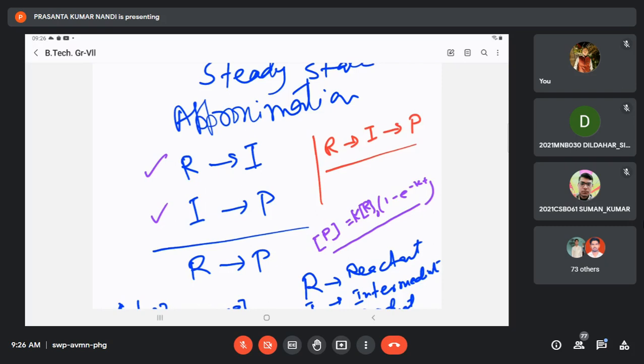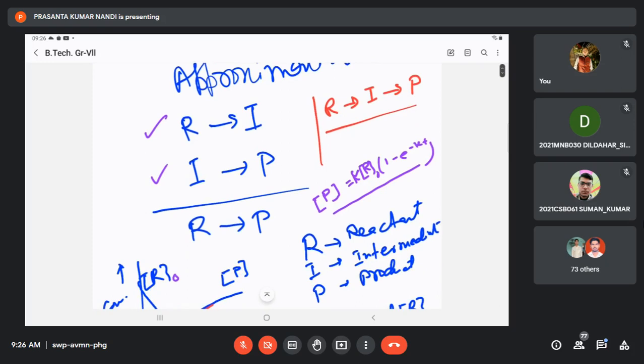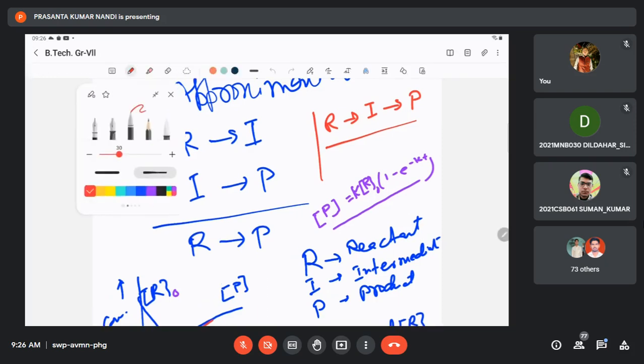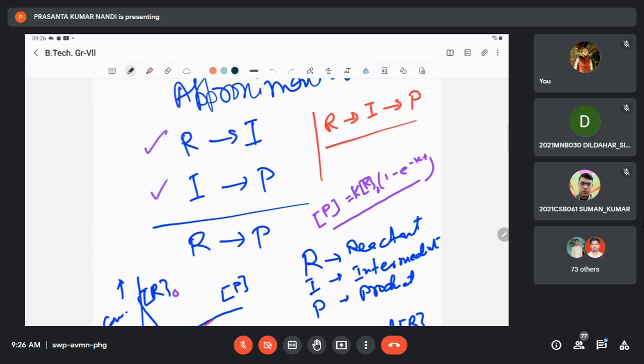The overall reaction is represented by R to T. Basically, it is not a single elementary step reaction. Rather, it is a two-step reaction in which intermediate species I is involved.